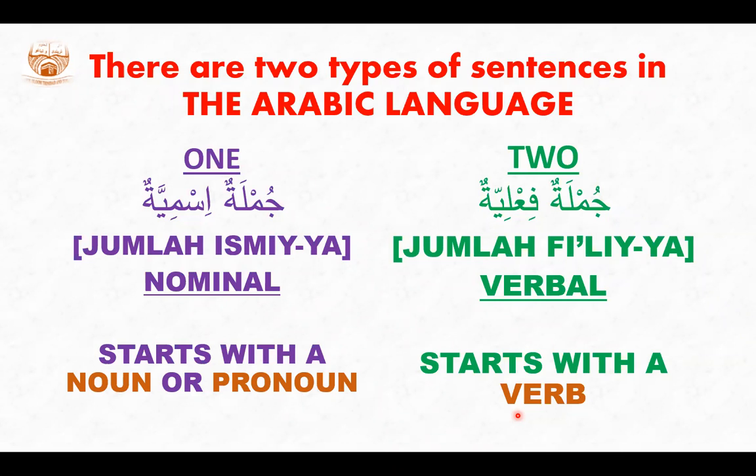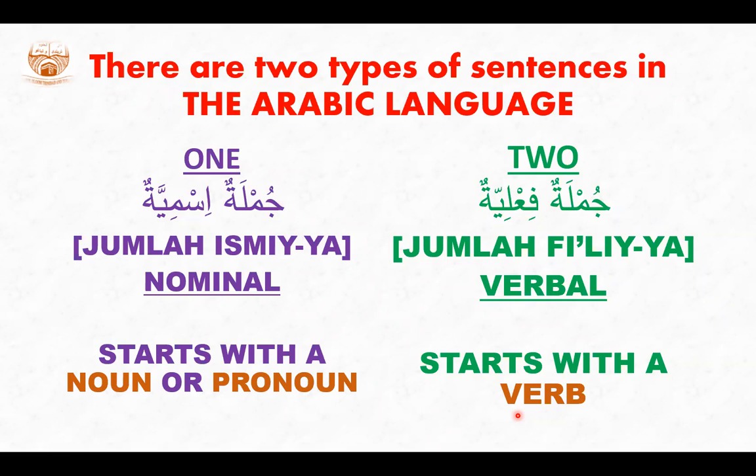This is how the language is structured. You'll say, for instance, the boy is tall. But we also say the boy went to the mosque. You'll say the girl is beautiful. But you'll also say the girl cooked the food.